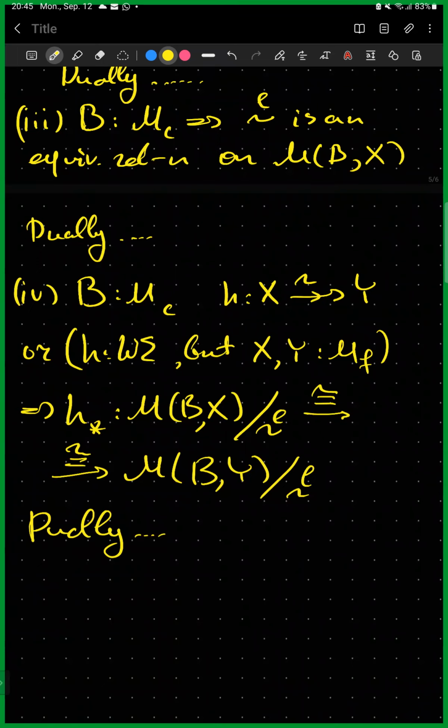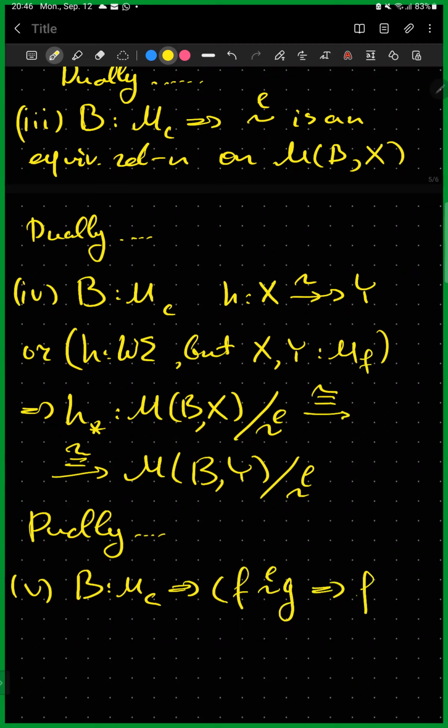Okay, so I lied, it was not the final part. Here's the final part of this proposition. So assume that B is a cofibrant object. Then the fact that two maps are left homotopic implies that two maps are in fact right homotopic.